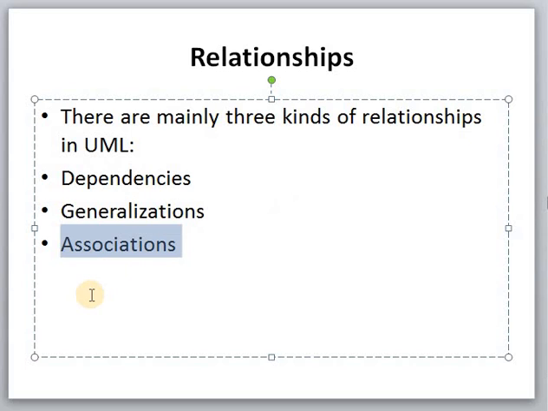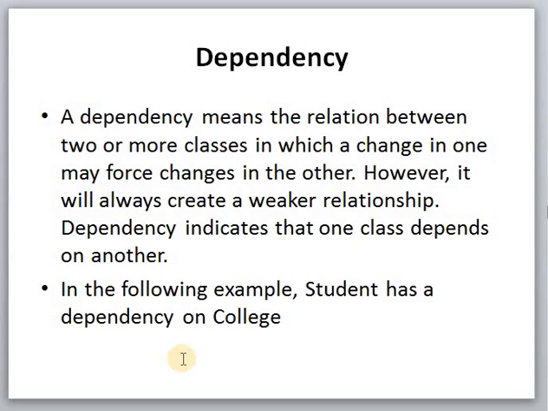And the third one is the association relationship. So in order to model the relationship using a class diagram, we can use three different kinds of relationships: the dependency relationship, the generalization relationship, and finally the association relationship.